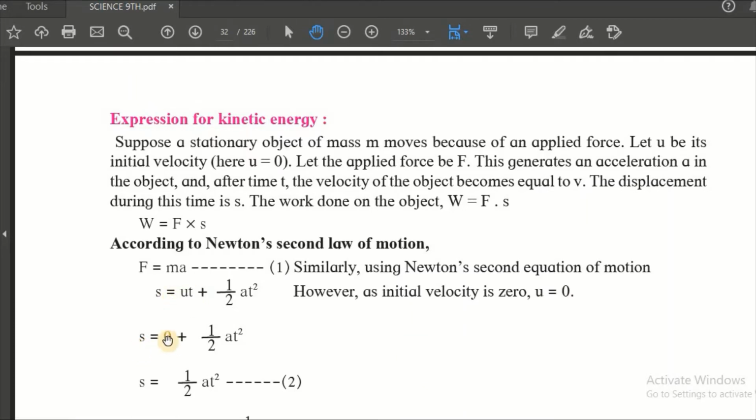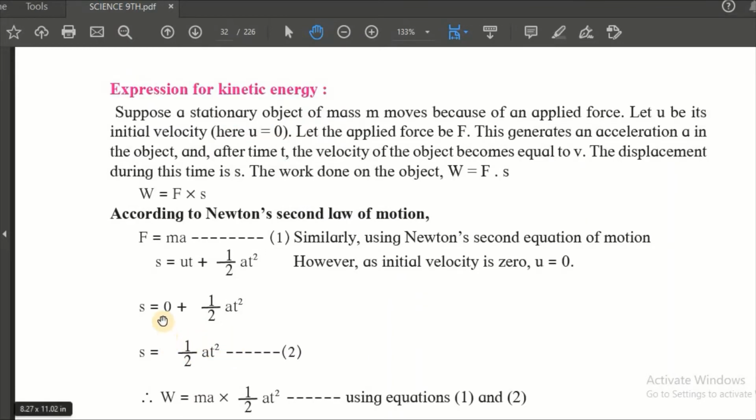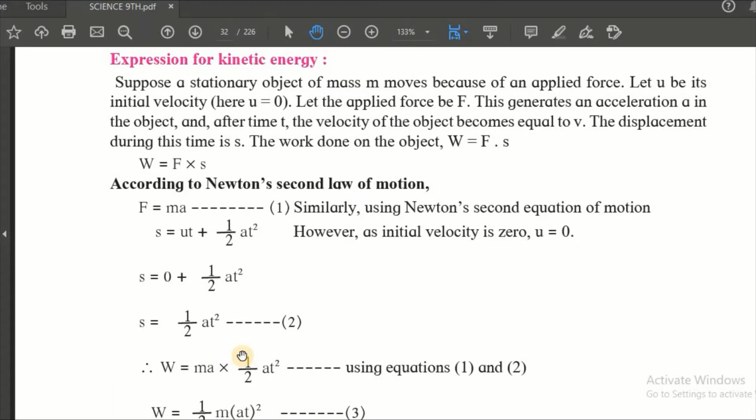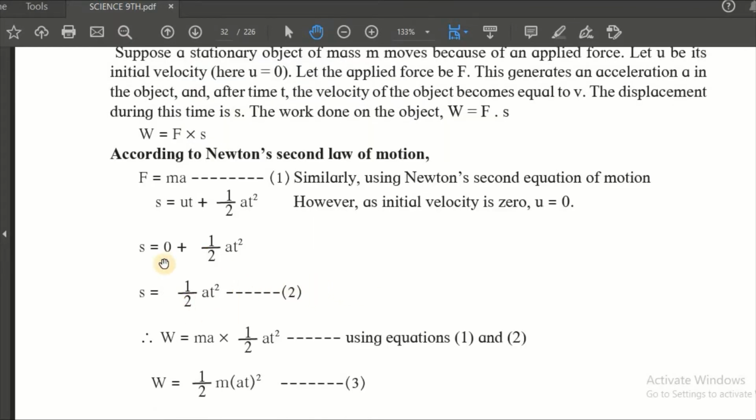When you put u is equal to 0, then S is equal to ut, which is 0 into t, 0, plus 1 half at square. Then you get S is equal to 1 half at square. Very easy equation. Here we take u equal to 0 because the initial velocity, the starting velocity, is 0. Then we get S is equal to 1 half at square.